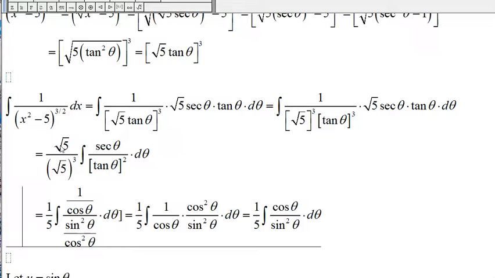Secant of theta is the same as 1 over cosine. Tangent squared is sine squared over cosine squared.